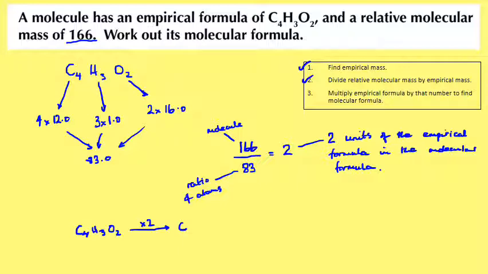So carbon goes from 4 to 8, hydrogen goes from 3 to 6, and oxygen goes from 2 to 4. And so this is your molecular formula. Okay, so step number 3 done as well, and that's your answer. So we'll have another example just to make that extra clear.